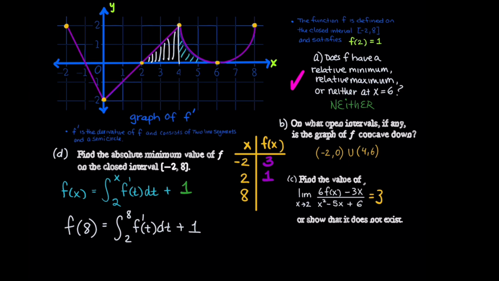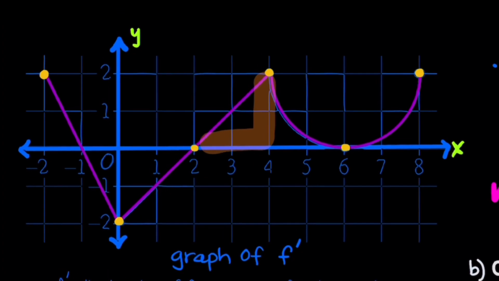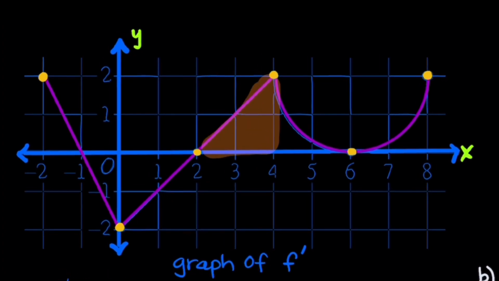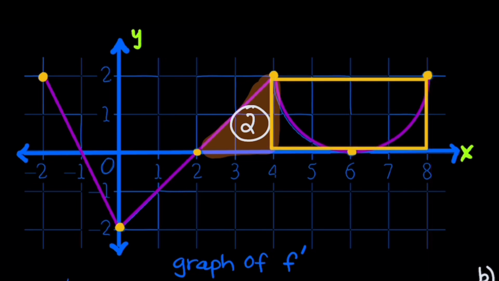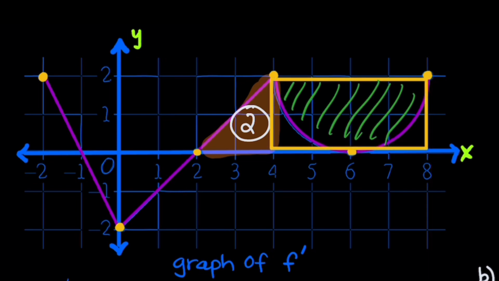So we'll block things off. We have that triangular area to the left. And the area that we want right here is underneath that semicircular curve. And then we're going to block off the area for the triangle here, as well as put a rectangle around the area of that semicircular arc. So by putting a rectangle in here, we note that the area of that semicircular arc, a circle of radius 2, will have an area of 2 pi.